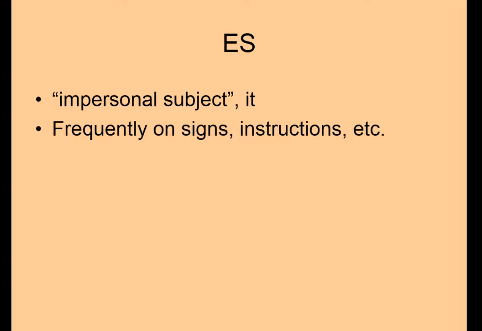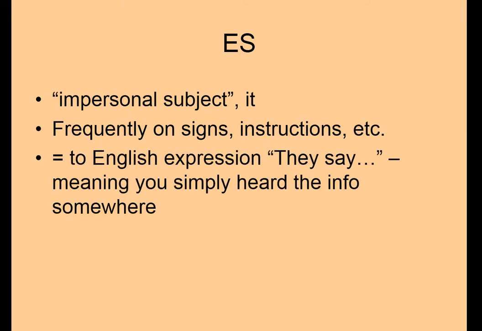We see this a lot in instructions, on signs, und so weiter. And in English, we use it as they say, or one says, meaning we heard the information from somewhere before. It doesn't really matter who did it. It's just that proverbial they. We say in English a lot, one says, or one said.